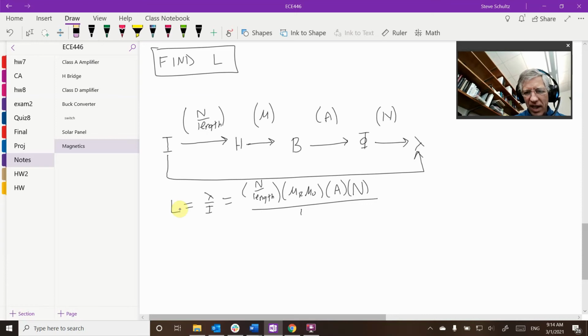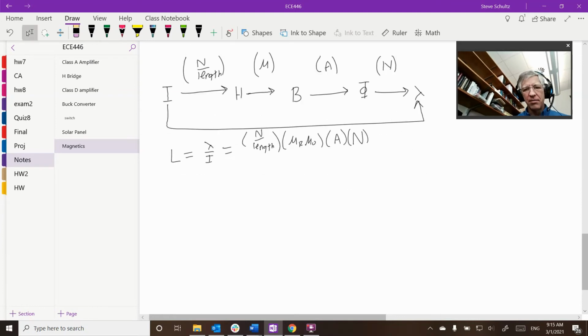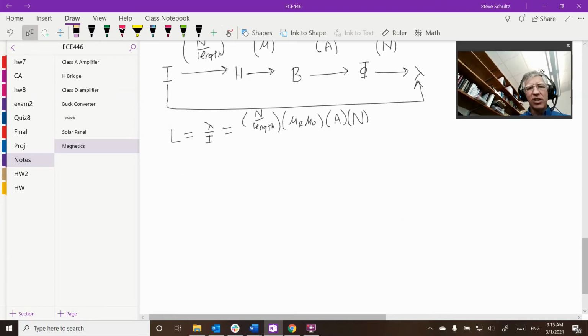I'm taking the I out because the I got multiplied times all of that. So that is going to be my inductance.